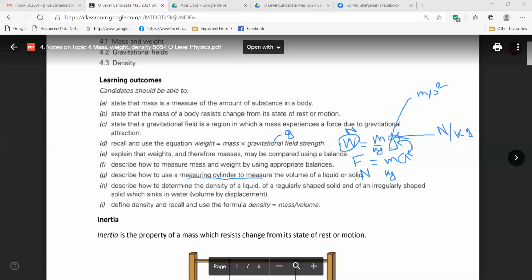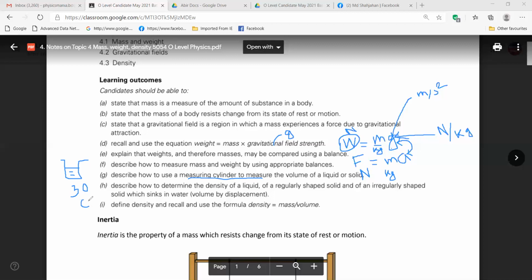What we can do, we are having one measuring cylinder first here with water. Here is water, okay? And for example, the water volume is 30 centimeter cube.